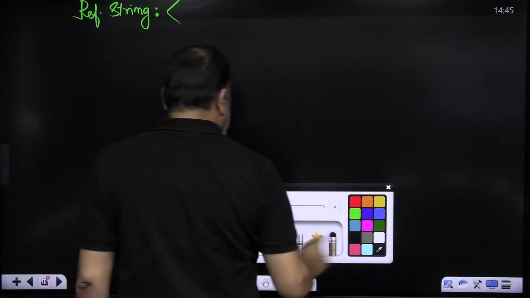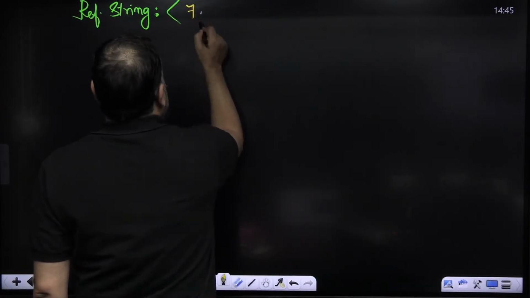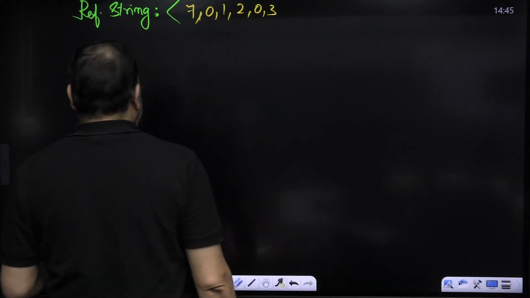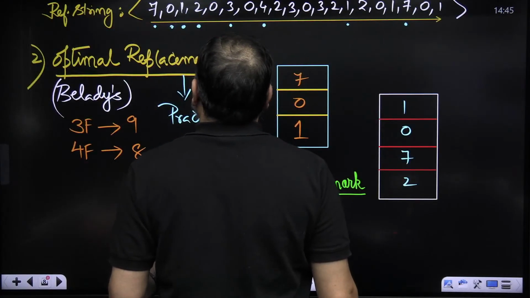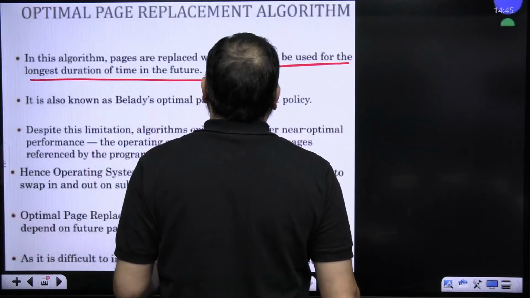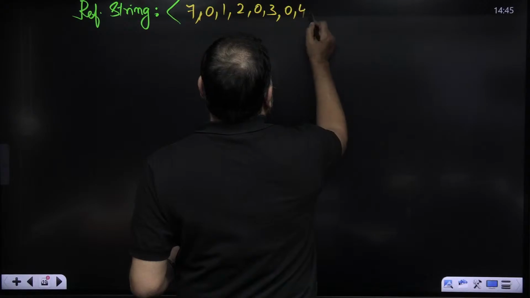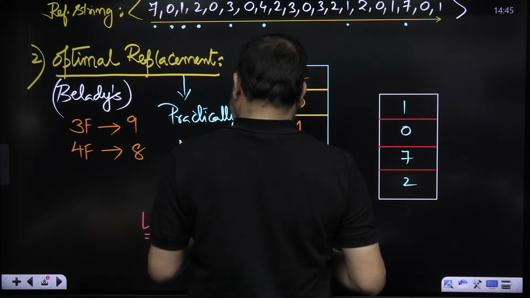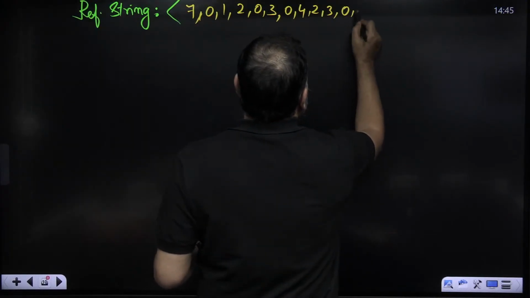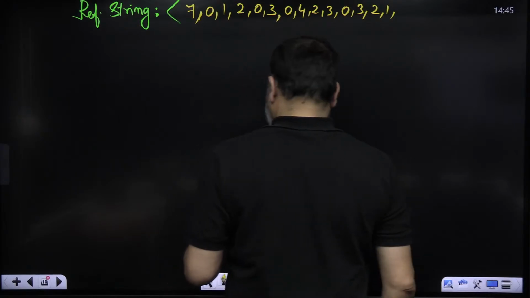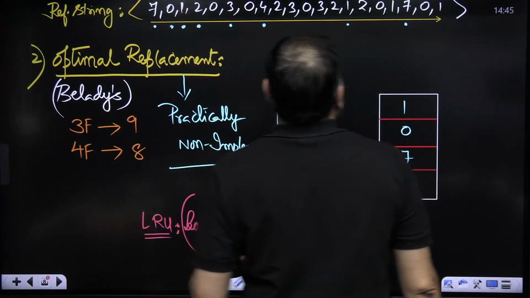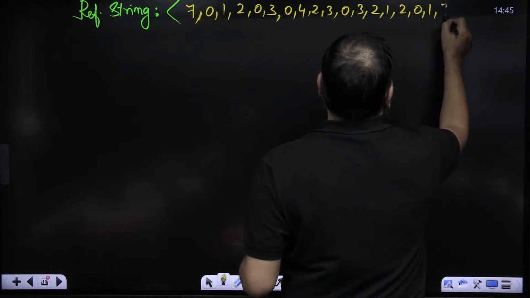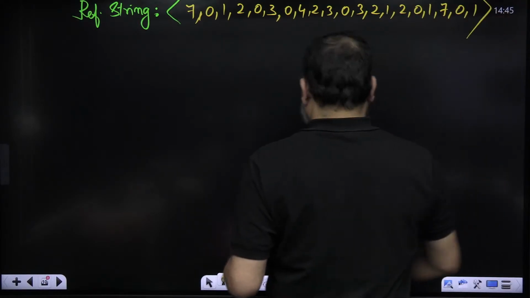So let us take the same reference string: 7 0 1 2 0 3 0 4 2 3 0 3 2 1 2 0 1 7 0 1. These are the reference string.